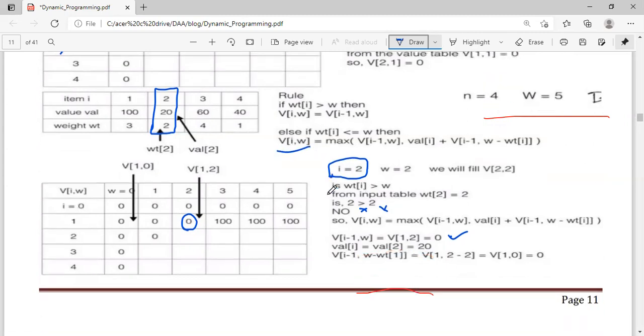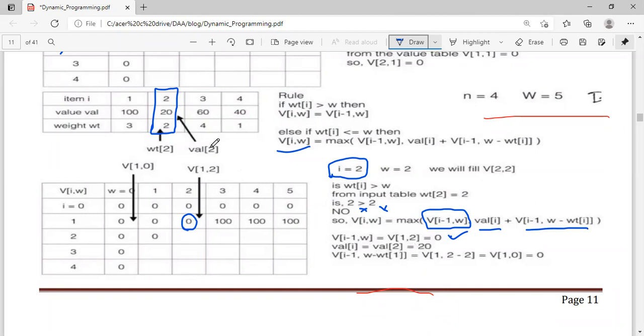When you come to the else part, the same thing again, we need to divide this into 3 parts. This one and this one. Value of I minus 1 comma W is V of 1 comma 2, which is 0. Value of I is val 2, which is 20.